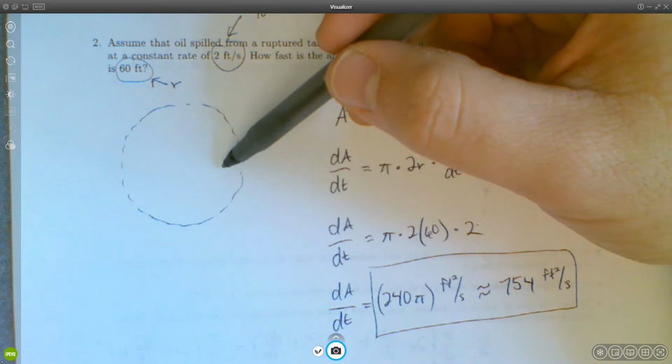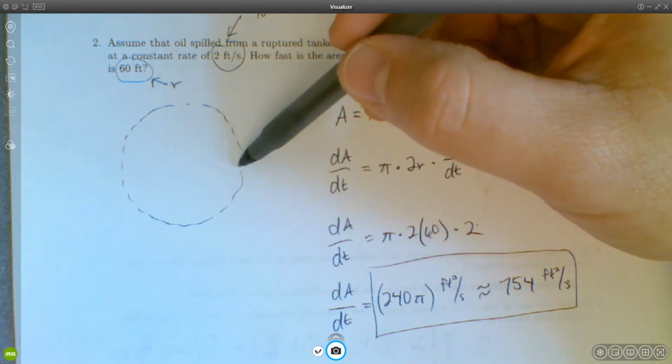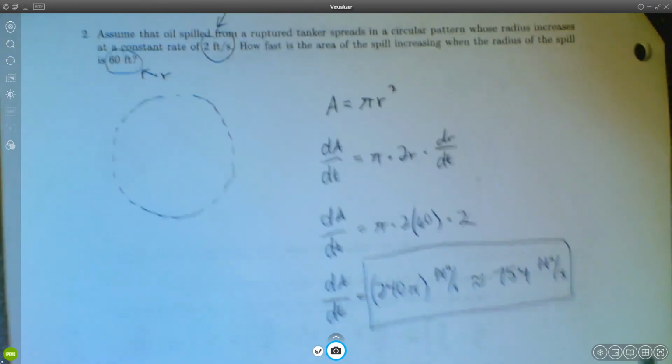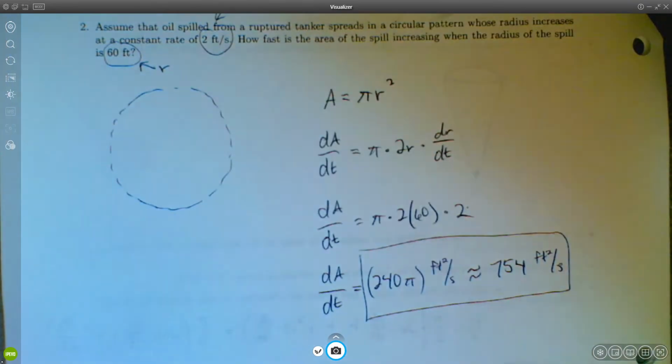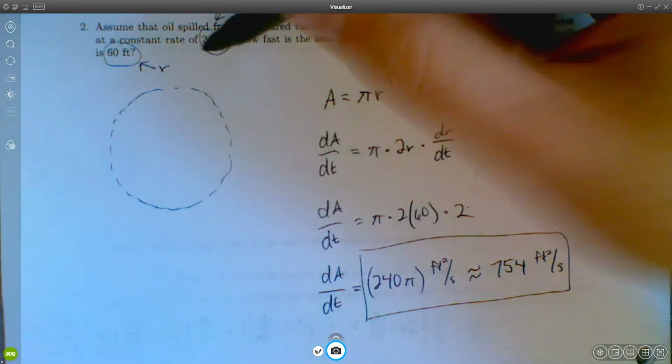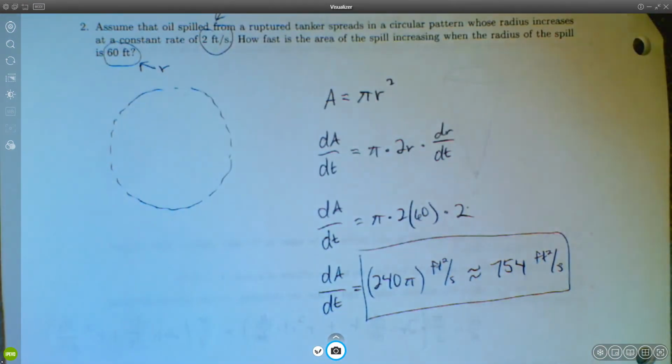But when it's 39 feet and then increases to 40 feet, that doesn't double the area. So the area is not increasing at a constant rate, even though the radius is, which is why we have to go through all of this calculus in order to figure out how fast the area is increasing.